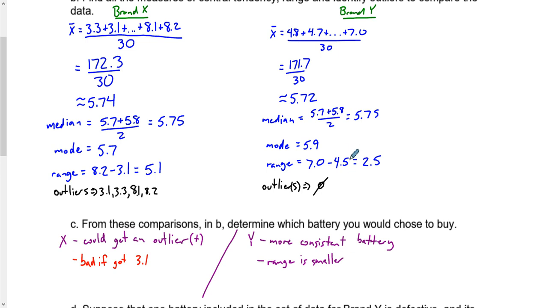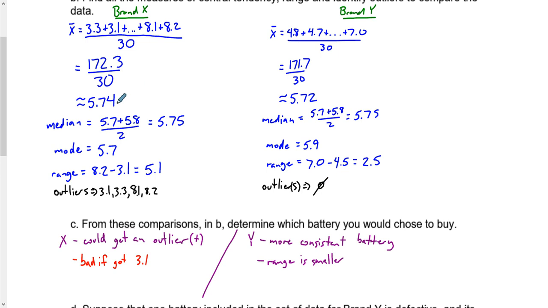Getting a 4.5 battery, not too bad, considering that the average is 5.72. So an extra 1.22 years, somewhat within expectations. At the same time, you could get a little bit higher. If you're getting the extension, that'd be about 1.28 years. So that would be good.